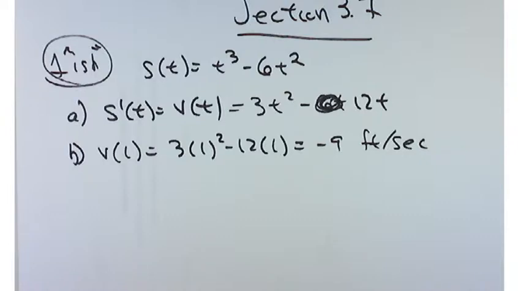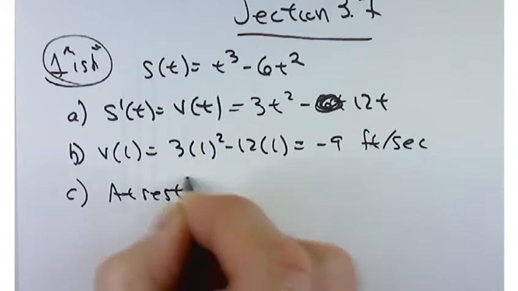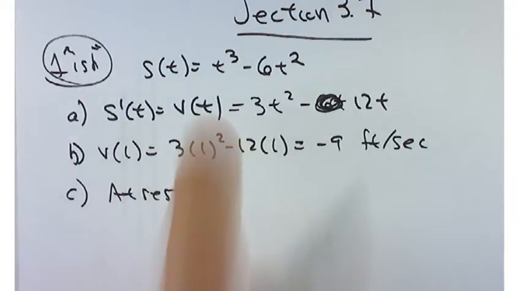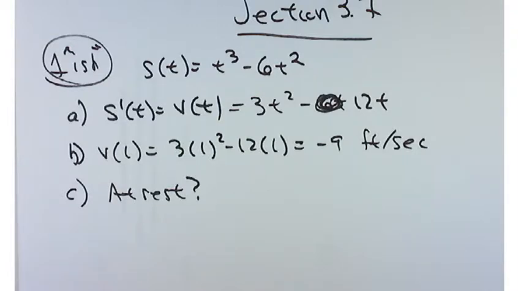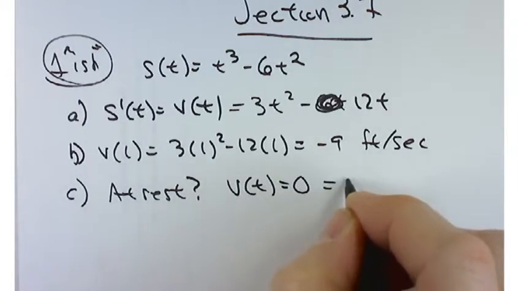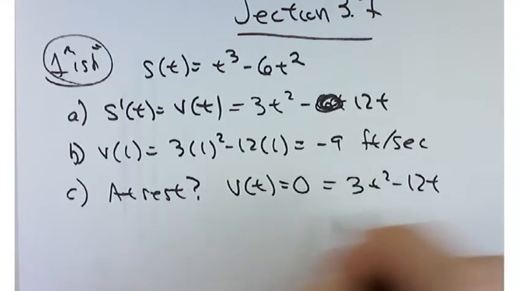So let's keep going. When is the particle at rest? That's an interesting question. Set what equal to 0? S or V? V. We want to know when the velocity is 0, because when the velocity is 0, it's stopped momentarily, but it has stopped. So we want v of t equals 0, which is 3t squared minus 12t. Personally, I would hope that you factor this.